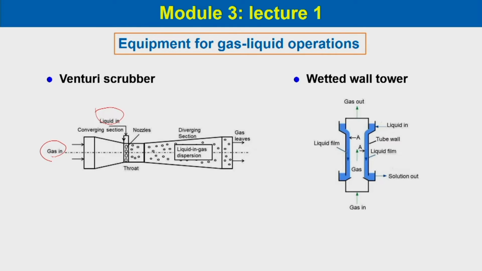So, there is a transfer of mass either from the liquid to the gas or from the gas to the liquid phase. We can maintain different flow rates of the gas and liquid, and we can change the conditions from laminar to turbulent.